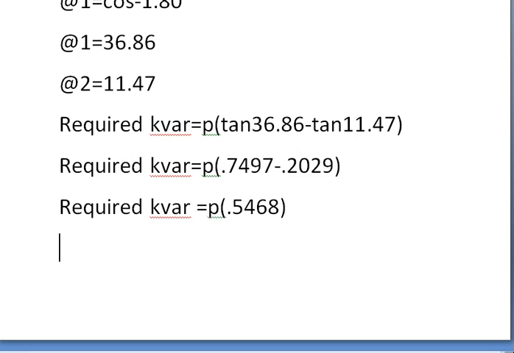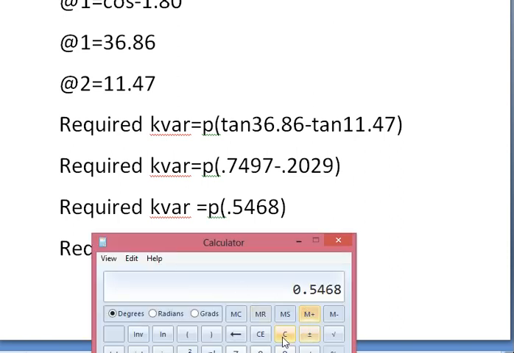Close the bracket. So the required kvar will be our total power, 223 kilowatt, into 0.5468. We multiply and get 121.93 kvar.